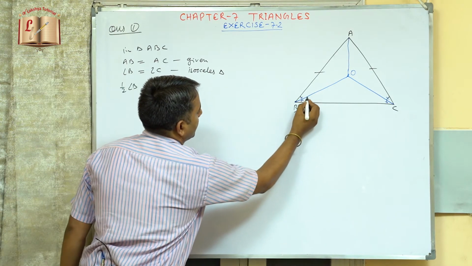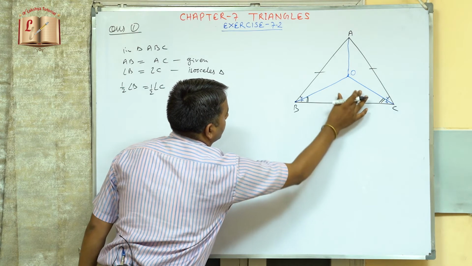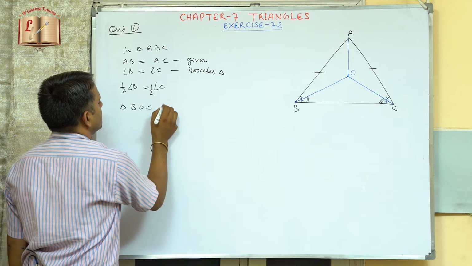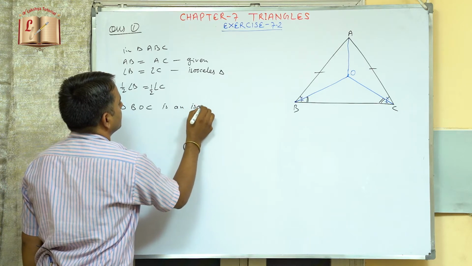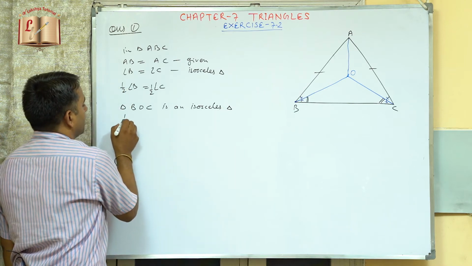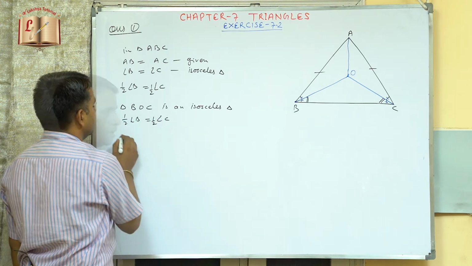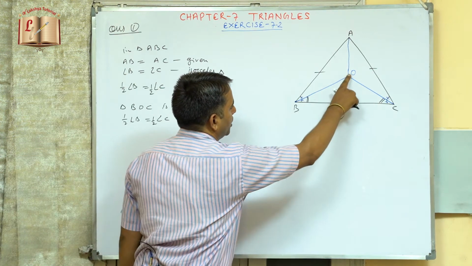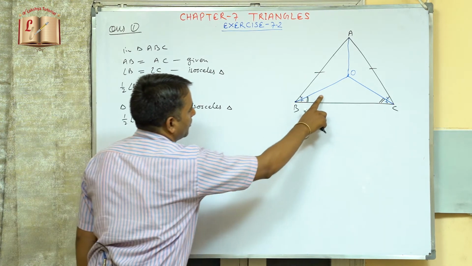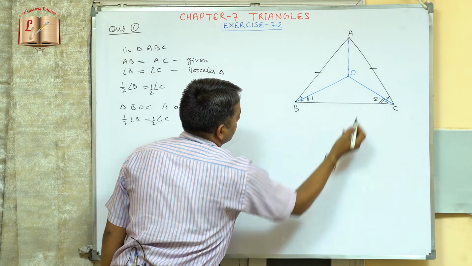Now see that this angle is equals to this angle. So again this triangle BOC is an isosceles triangle, because half of angle B is already equal to half of angle C. So in triangle BOC, half of angle B is equals to half of angle C. Suppose half of angle B is angle 1 and half of angle C is angle 2.